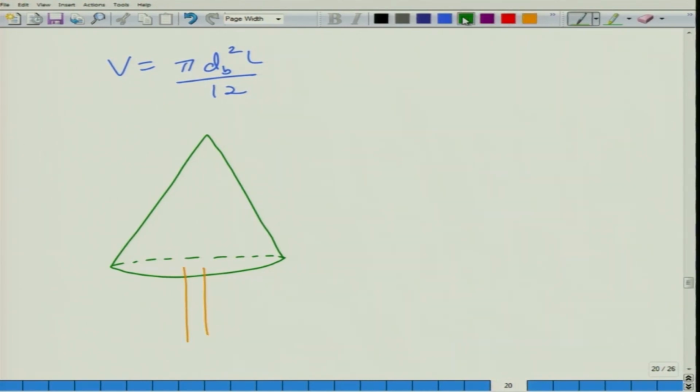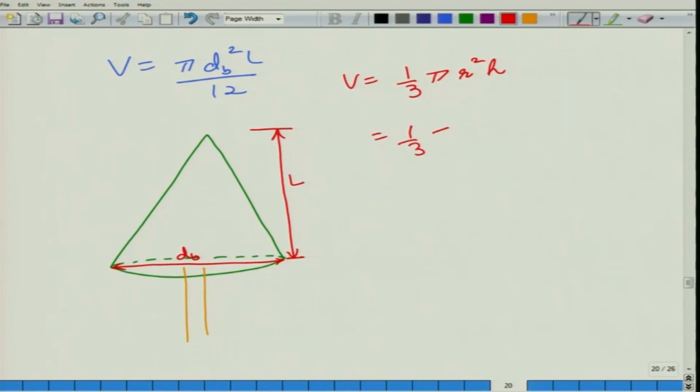In this cone we have the base diameter as dB and the height as capital L. In the equation of a cone, volume is 1 by 3 pi r square h, which is 1 by 3 pi.